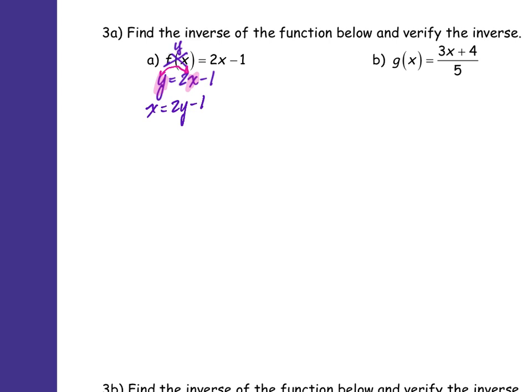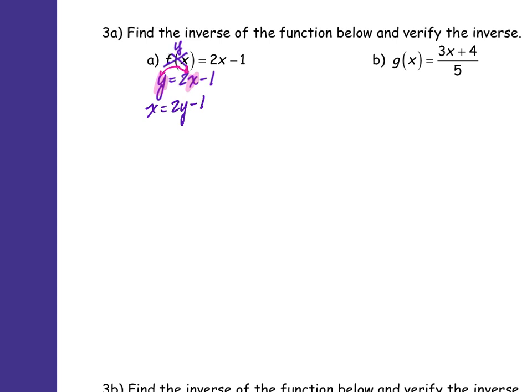Please make sure you ask questions as we're going along if you don't understand a step that I'm doing. Okay? So then it says, after I've switched the x and the y, it says to solve for y. So what do I do to solve for y? Anybody?